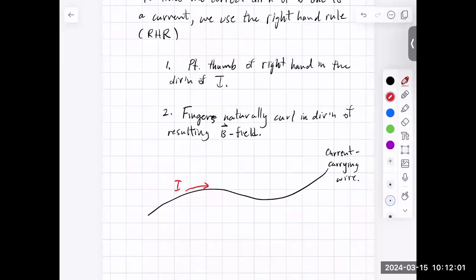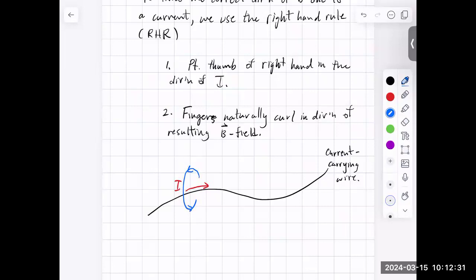And so that means the magnetic field is looping around such that it's coming out of the screen above the wire. And then if I wrap my fingers around like this, my thumb is still pointing to the right. Now my fingers below my thumb, which is below the wire, are pointing into the screen. And so below, we have the magnetic field pointing into the screen.